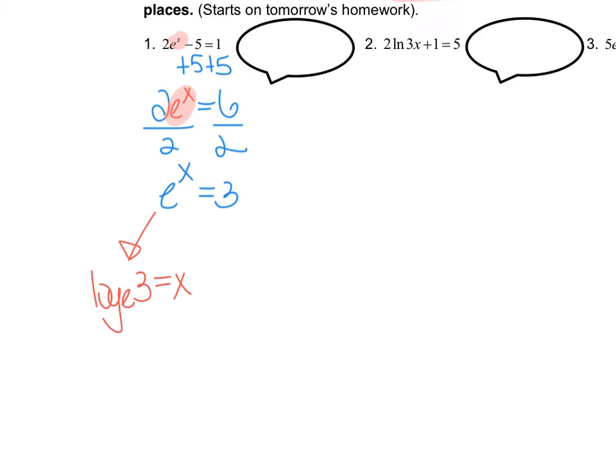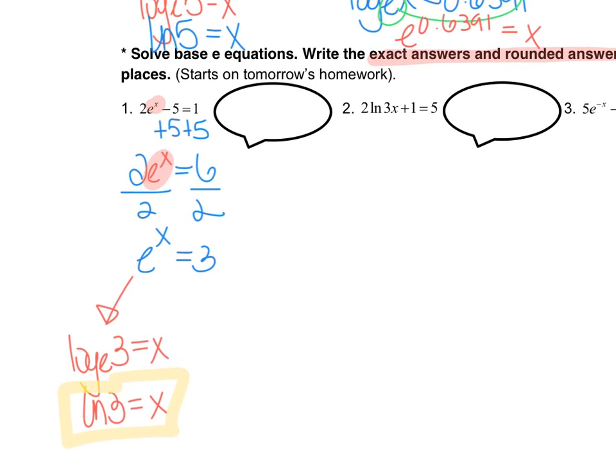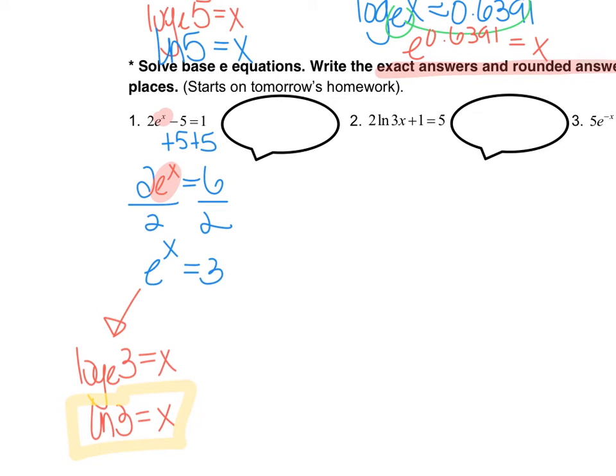Now you don't have log base e in your calculator in the sense of using the word log, so you switch this to ln of 3 equals x. This would be considered your exact answer. Personally, to undo e to the x, I'm going to natural log both sides.